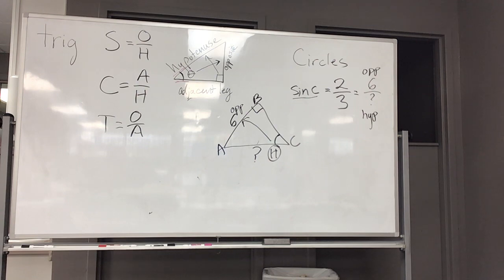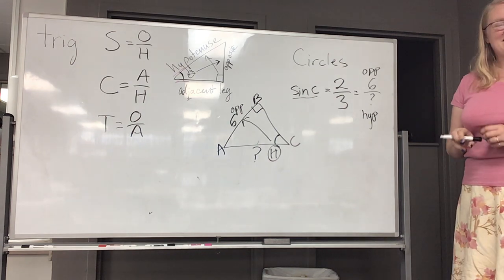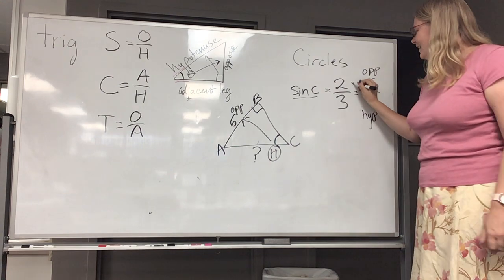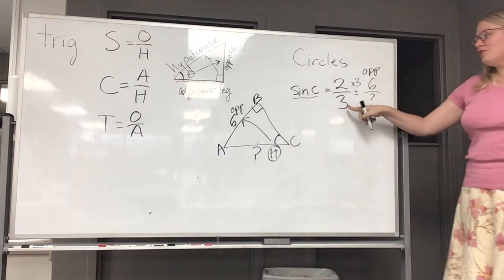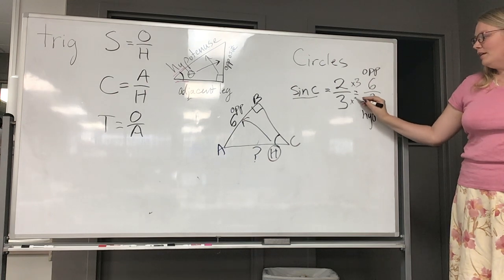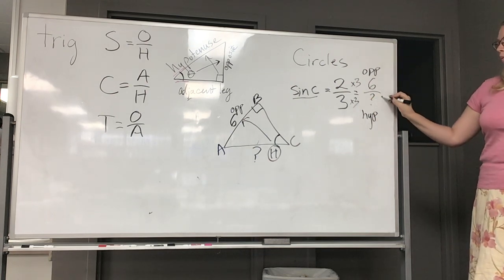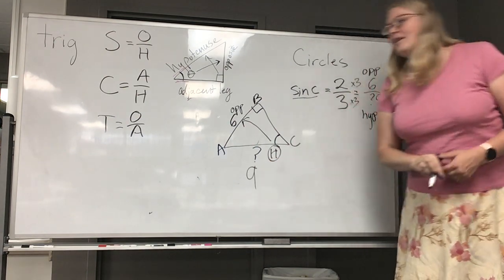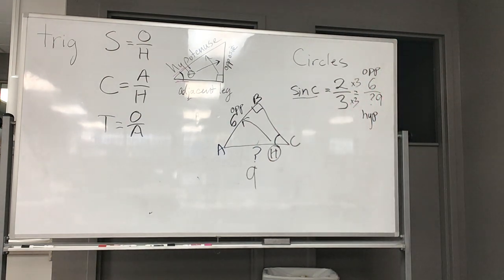It's back there in elementary somewhere. 2 times 3. And with equivalent fractions, we have to do the same thing. So 3 times 3 will be 9. And so our missing length is 9.